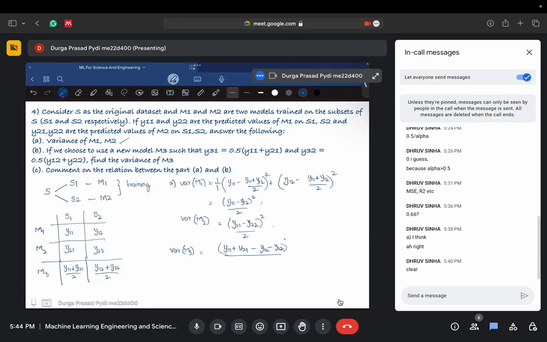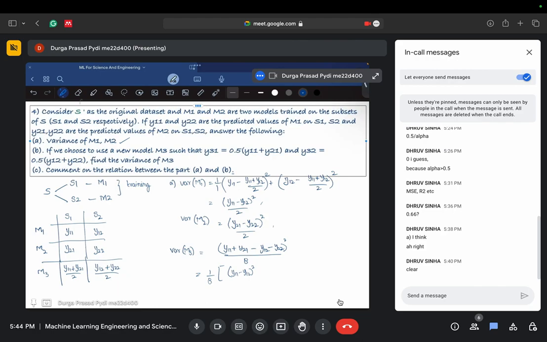You have 2 square times 2, so you have 8 here. So I can write it like this. Got it?